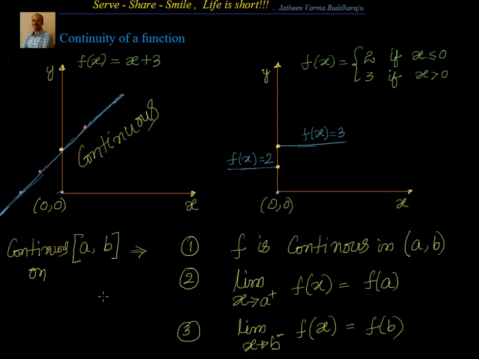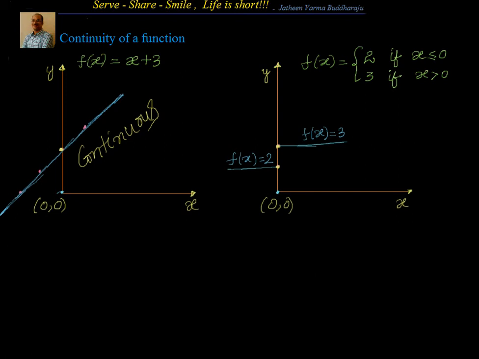Now let us see what are the conditions where we can say that a function is discontinuous, either left continuous or right continuous. So when will a function become discontinuous? Exactly opposite of what we have discussed for continuity. First, the limit fails to exist.